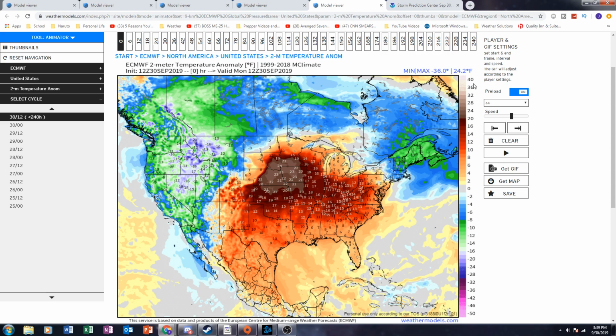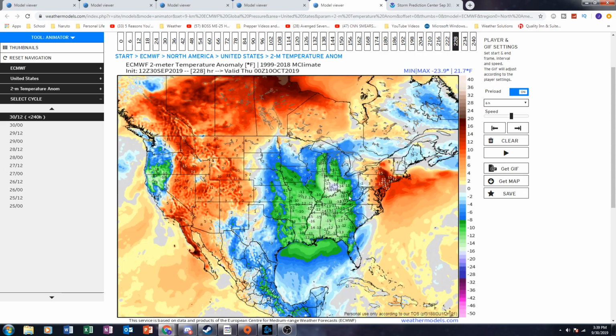But let's go to the end of the week. It flipped. So we've got areas like Indianapolis here, especially with that little purple region, negative 16. So 16 degrees below average. It's really going to cool down next week for a lot of the Midwest and the Great Lakes states.